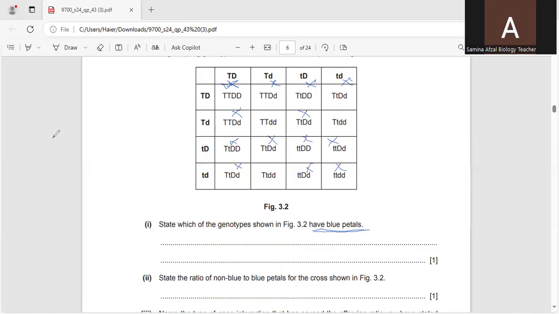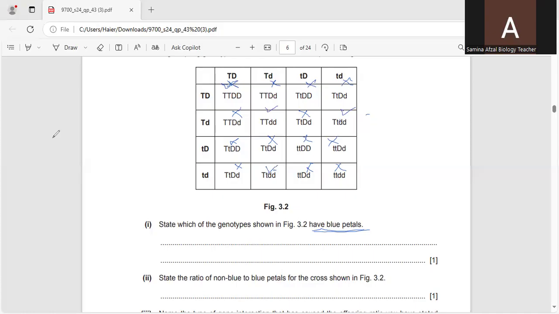So small d will not be able to prevent the formation of molybdenum, due to which the color of the petals will be blue. And same is the case in the other type of genotype. So 1, 2, these are the two genotypes which are responsible. These two are the same genotype. So two genotypes are there which are responsible for the blue petals.